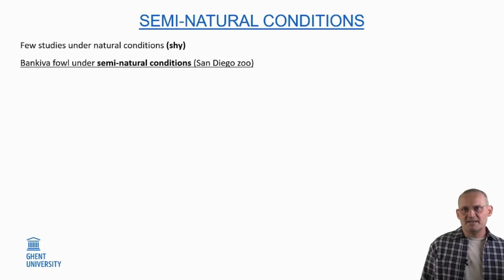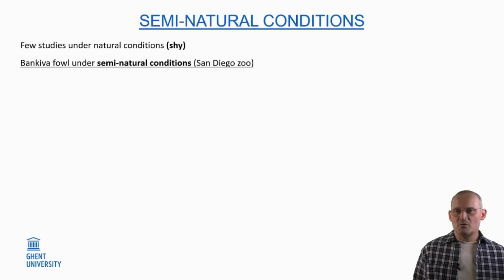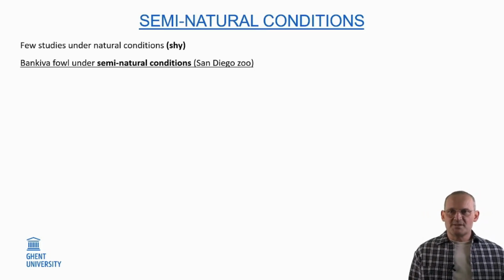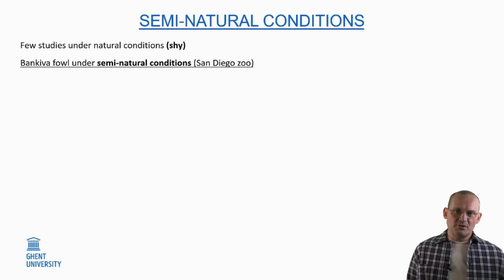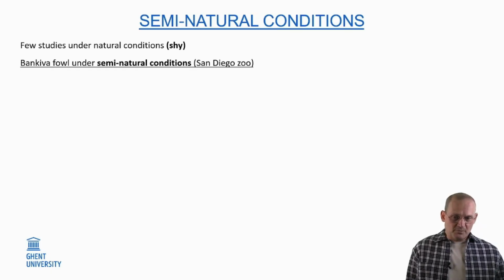So let's have a look at how domestic animals like the red jungle fowl or the Bankiva fowl behave under semi-natural conditions. Because I told you in the first lecture that there were actually very few studies conducted on wild populations of red jungle fowl because they were so shy and difficult to study.